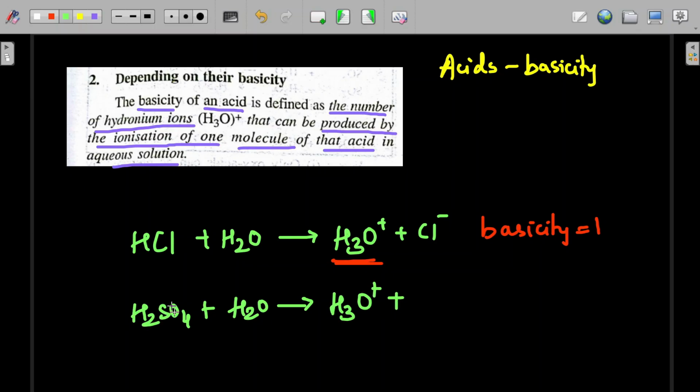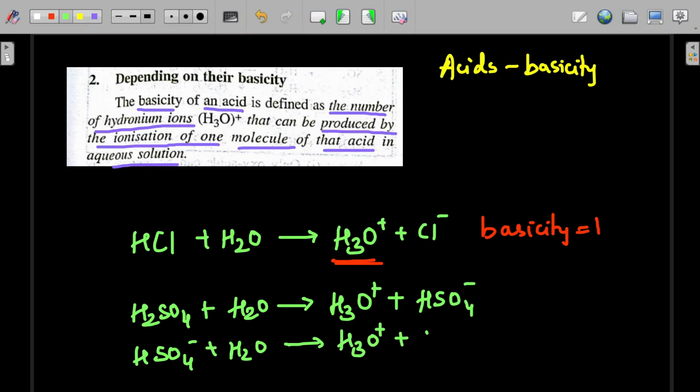And another H is left with sulfate, so it will become bisulfate, HSO4 minus. But this HSO4 minus still has one more H. So that will continue when you take another molecule of water. That H also goes to water, so you will get another H3O plus and SO4 2 minus.